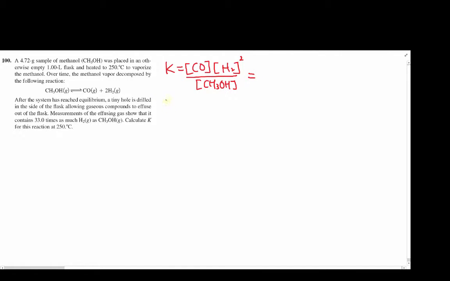We're given mass of methanol, volume, and temperature. We can put the volume within our K equation.